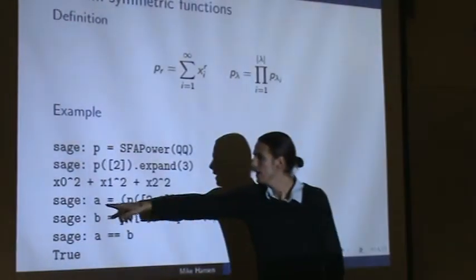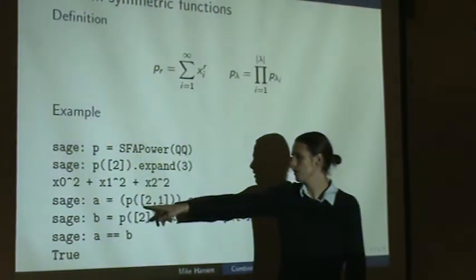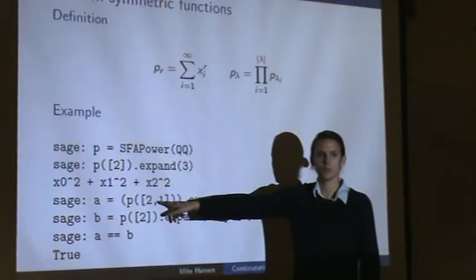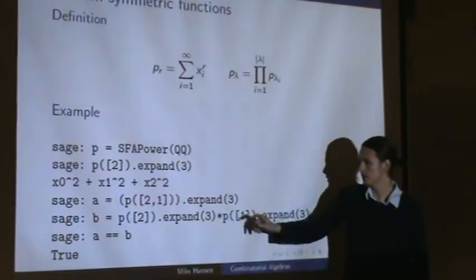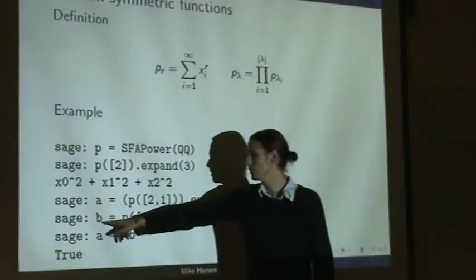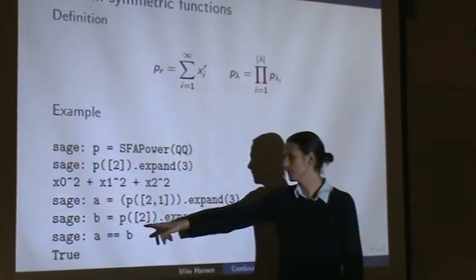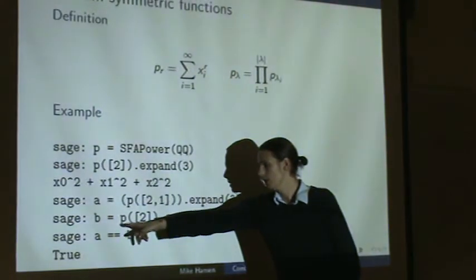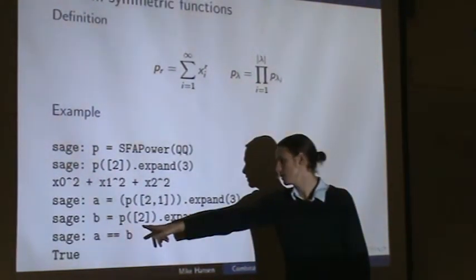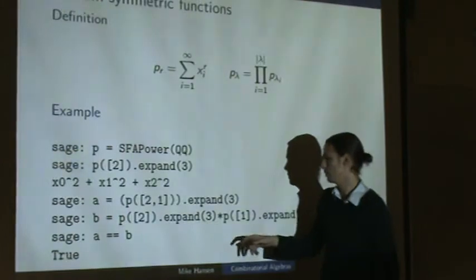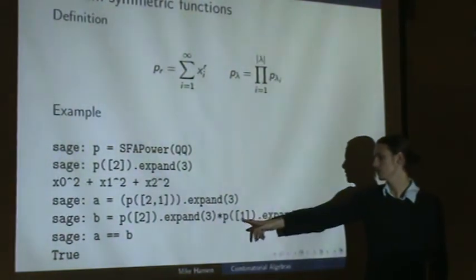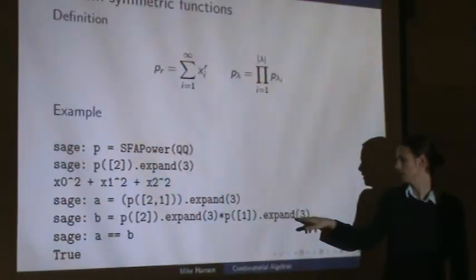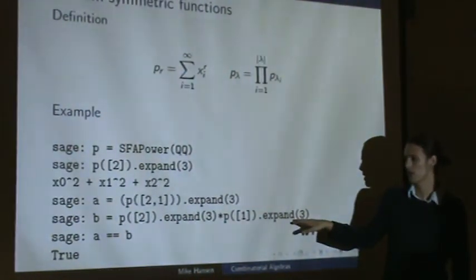If we define a to be the power sum symmetric function corresponding to this integer partition, and we expand it on 3 variables, or what we could do is take the power sum symmetric function corresponding to 2, expand it on 3 variables, and multiply that by the power sum symmetric function expanded on 3 variables.